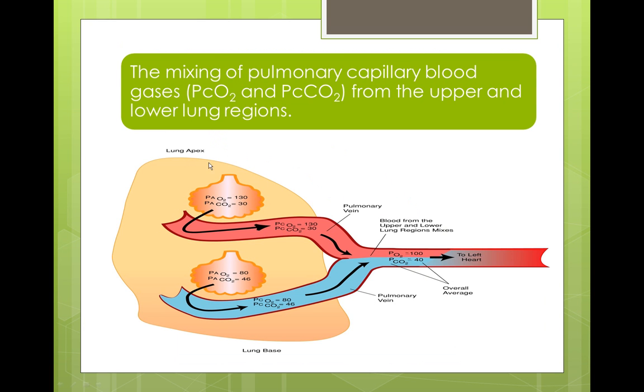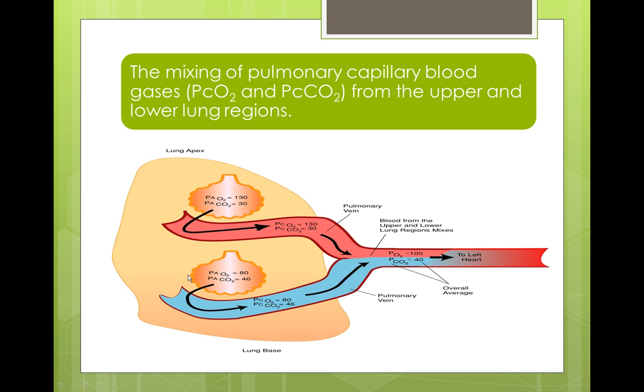All right, so what happens in the apex? Remember, in the apex, we have a very high ventilation to perfusion ratio. In the base, we have a low ventilation to perfusion ratio. Look what happens to different areas under the same circumstances, under the same amount of breathing and actual perfusion overall. When we look at somebody's blood pressure, we're getting an average. But when you do this, we're looking at what happens at these individual spots.